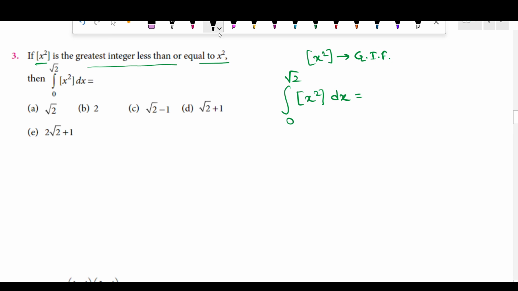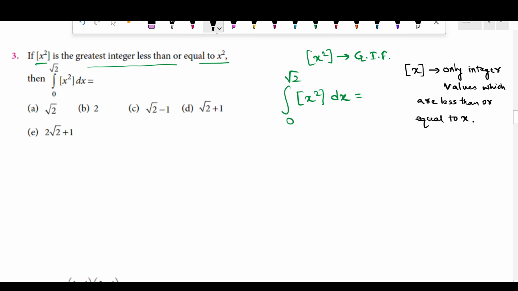So how to solve this? See, you know the greatest integer function takes only the integer values which are less than or equal to x. Right?